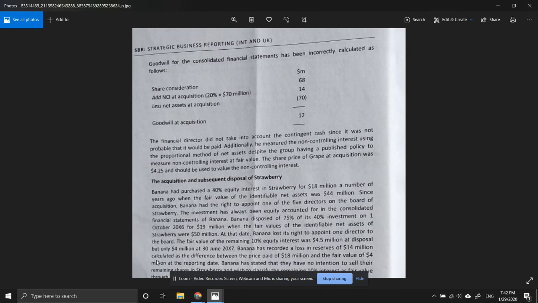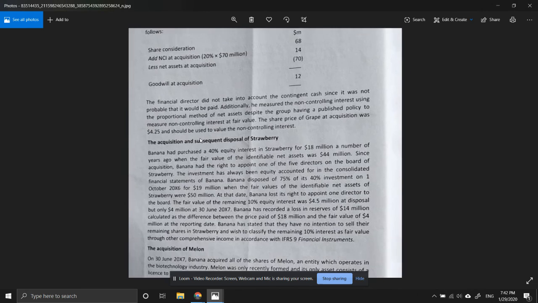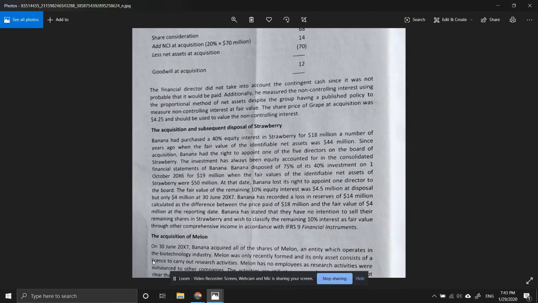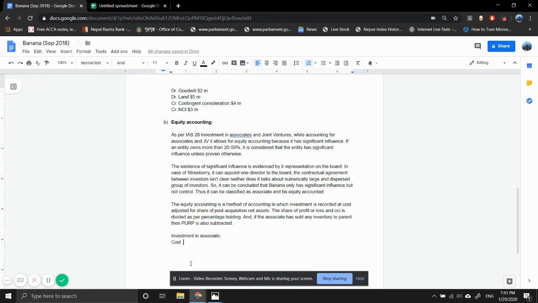So let's look at our question. Our cost is 18 million, right? So what will be our investment in associate? Cost of investment, 18 million.